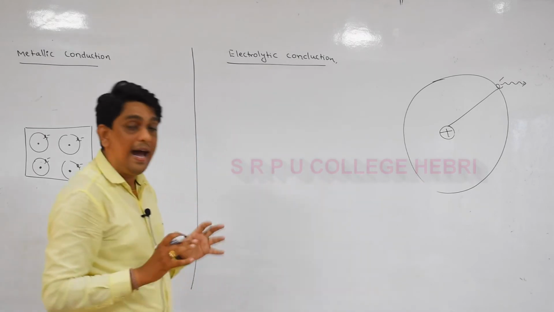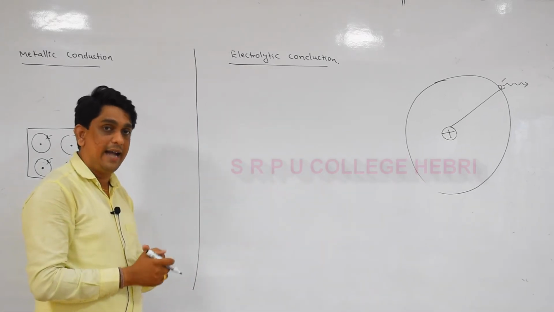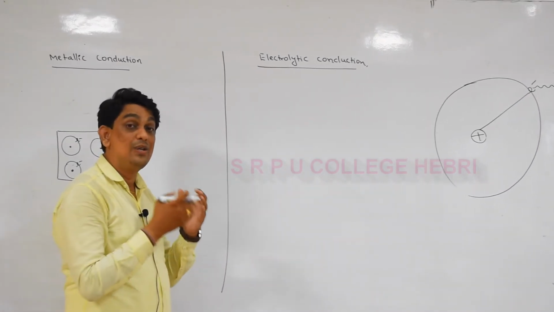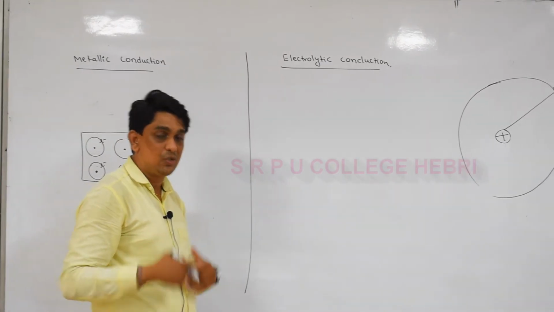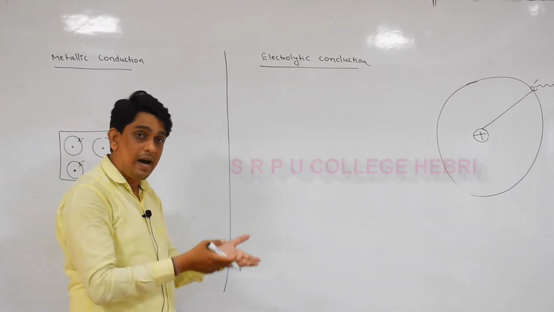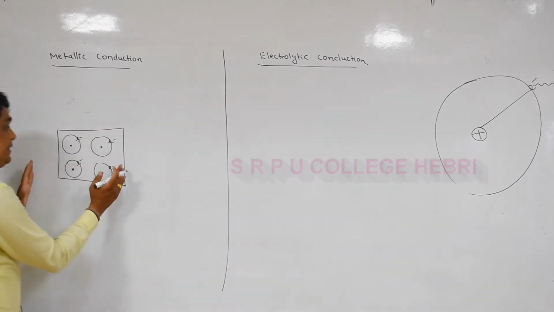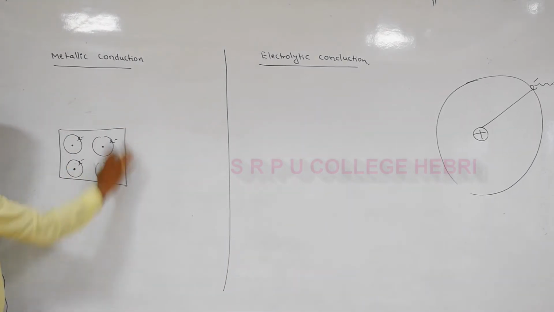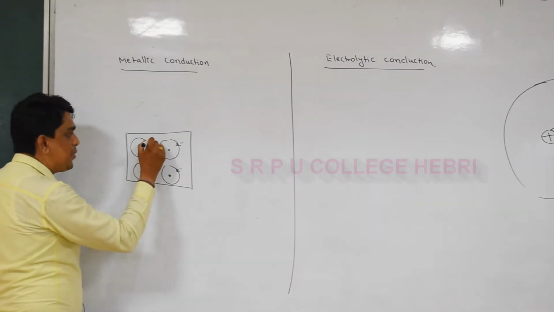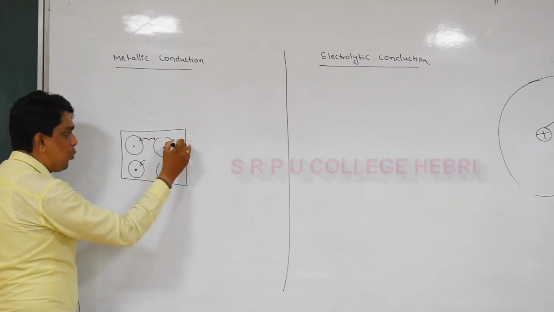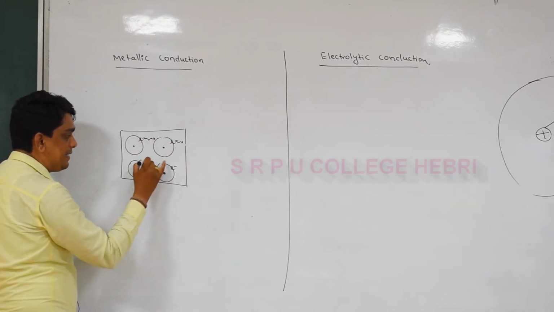So in the metal atom we say the valence electron is loosely held by the nucleus, so they become freely moving particles. So in the metal sheet, we have electrons present which are freely moving.